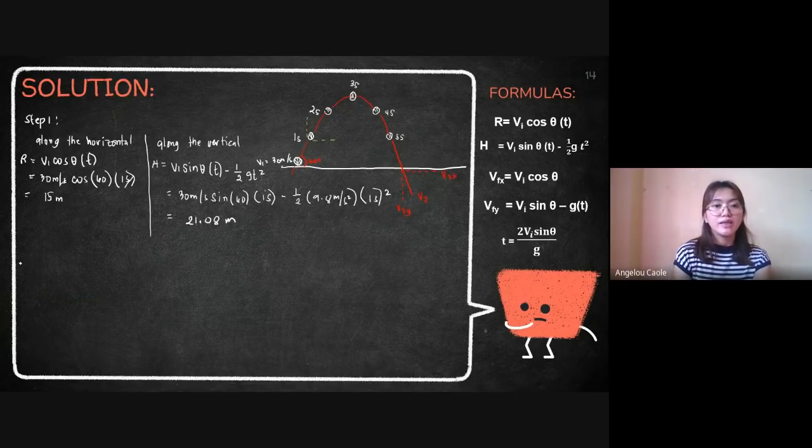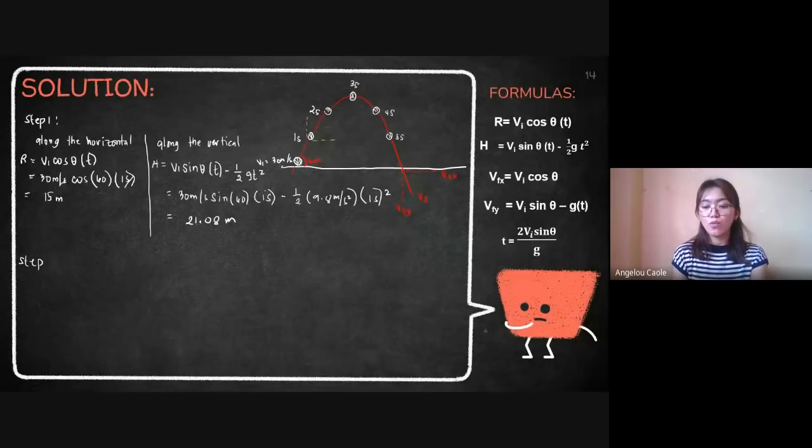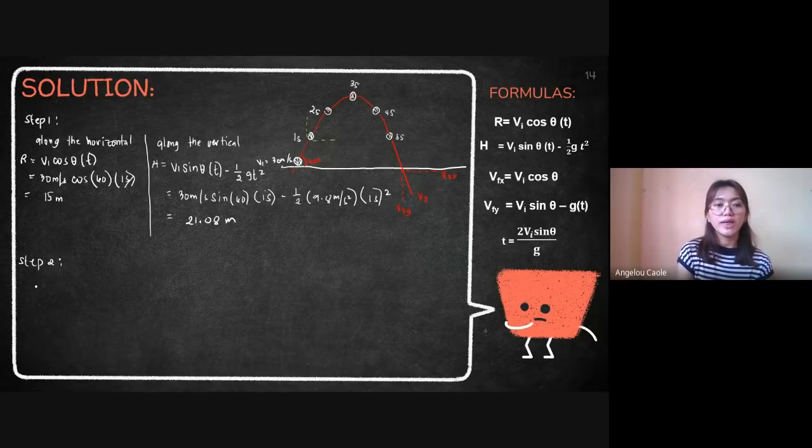Okay. Step 2, let's find the velocities under x and y component. Along the horizontal, we have Vfx is equal to Vi cosine theta.